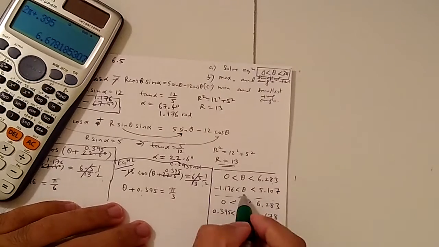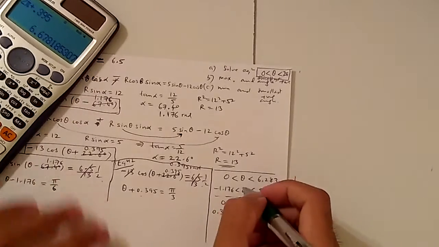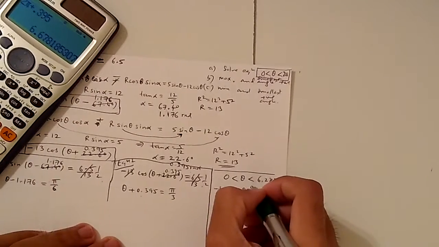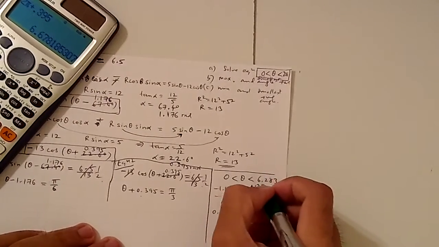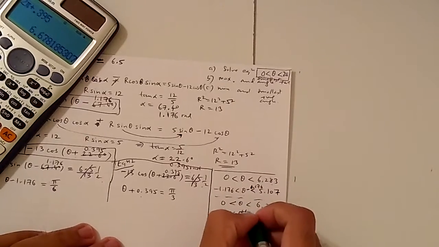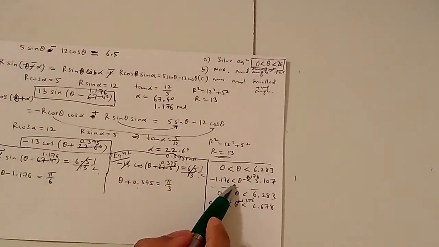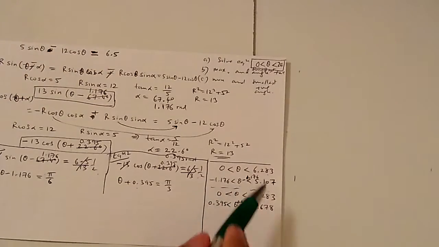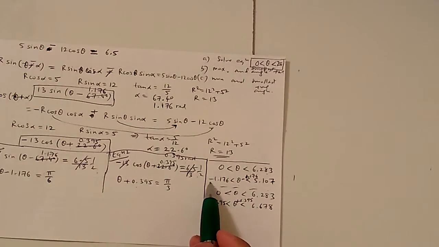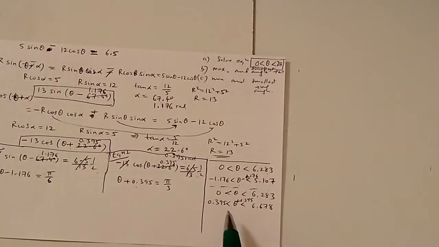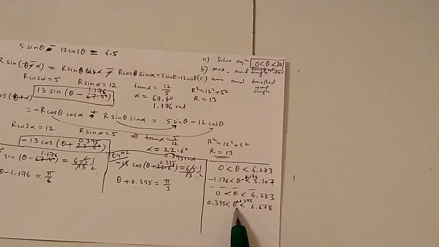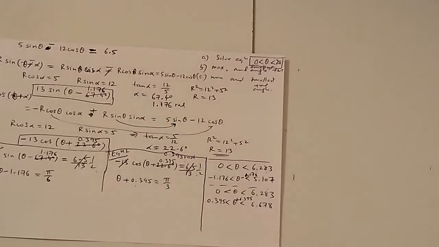Okay, so this is the range for modified, this is theta minus 1.176, and this is theta plus 0.395. So again, for the first method, the range for theta minus 1.176 is minus 1.176 till 5.107. For the second method, the range for theta plus 0.395 is going to be from 0.395 to 6.678.